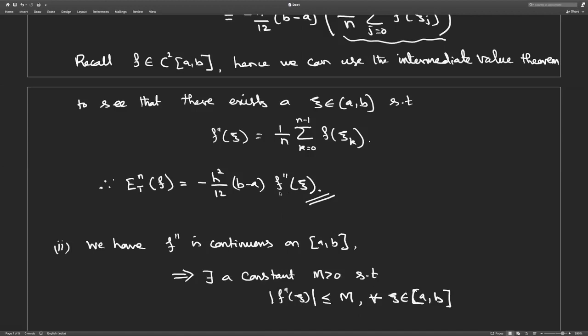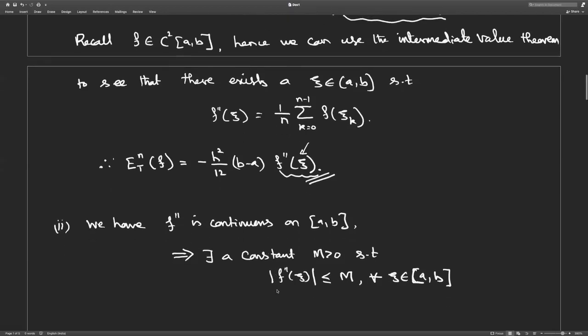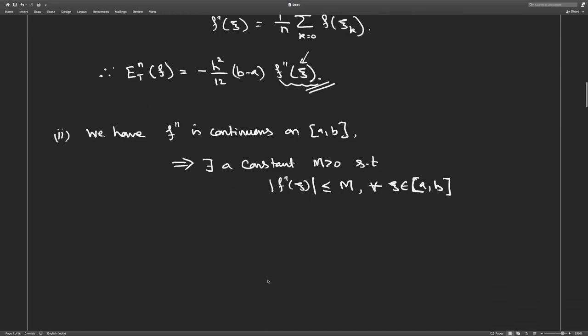That is just to dominate this term because we have a variable xi involved in it, which is also not known to us. Therefore, we have to freeze this term in order to get an estimate for the mathematical error in the composite trapezoidal rule. For that purpose, we are using the fact that f double dash is continuous. Then you can see that mod E_T^n of f is less than or equal to M times (b minus a) by 12 into h square, right?